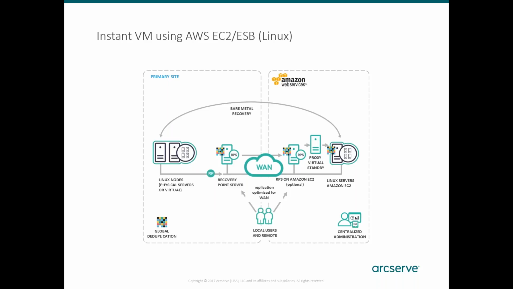That's how instant VM for Linux works already on-premise, and now that same concept has been brought over to Amazon EC2. So we have a Linux proxy that does this management and configuration, and it can read the data either from an RPS, or from a remote RPS if it has to, or from S3 storage. So the functionality here is quite flexible.